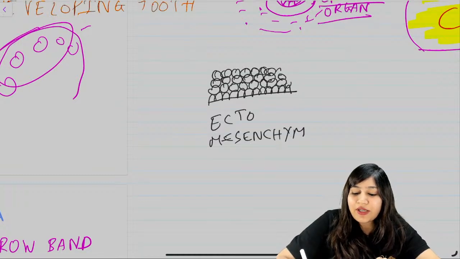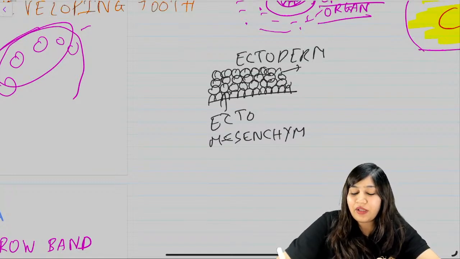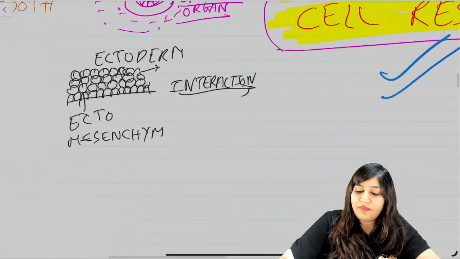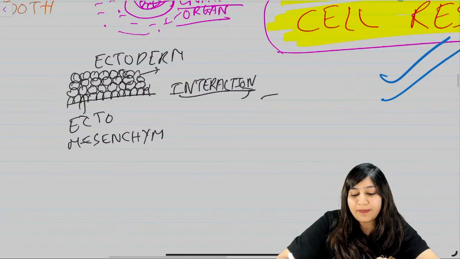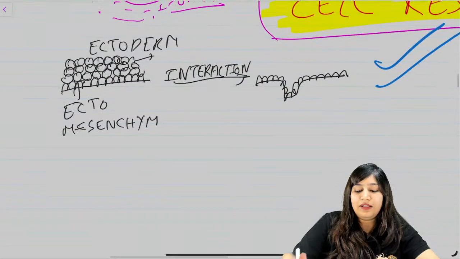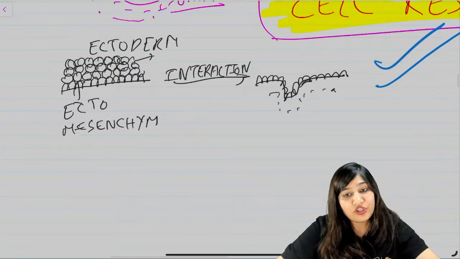Because of the interaction between ectoderm and ectomesenchyme, what was happening? Proliferation of the cells was taking place. So there was proliferation of basal cells in the underlying ectomesenchyme. Here dental lamina was formed.